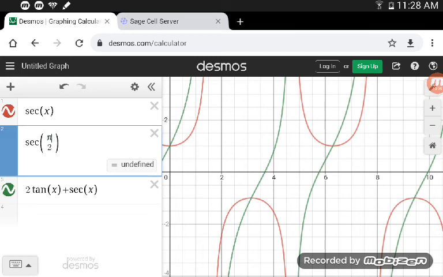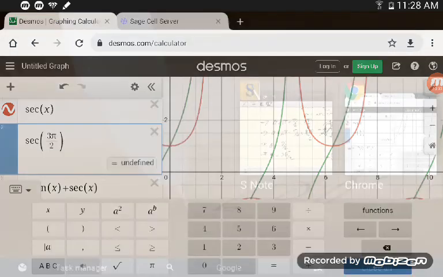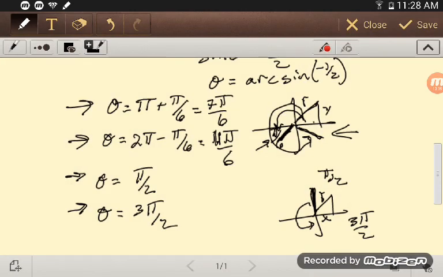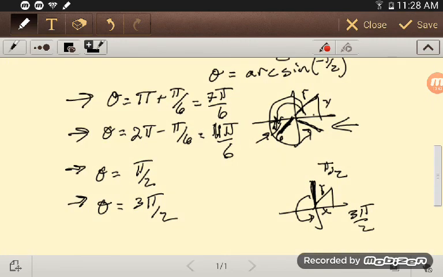We could go in here, I could arrow over a little bit and say 3 pi over 2, and notice it is still undefined. So that is our other spot, 3 pi over 2. Okay, so I think that took care of, was that number 16? Let's go back. Yes, number 16. And so we got these for our critical numbers.